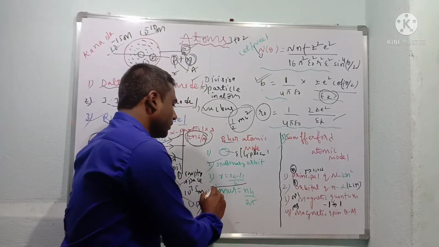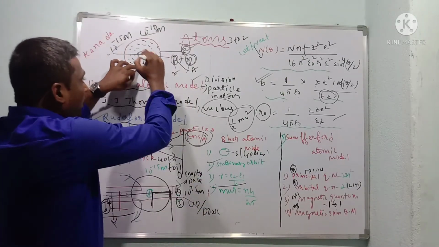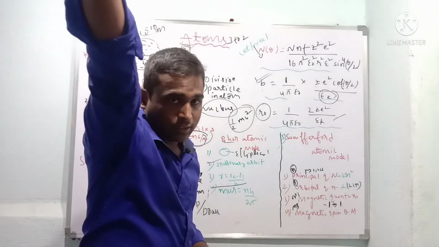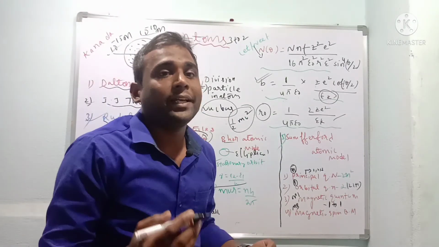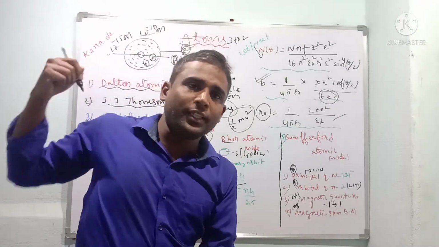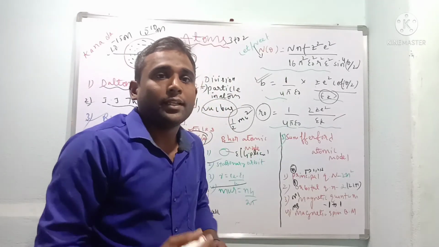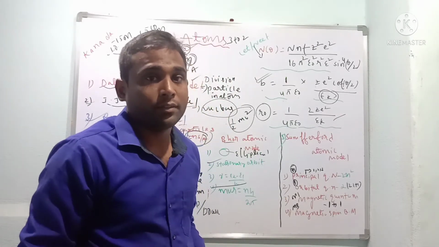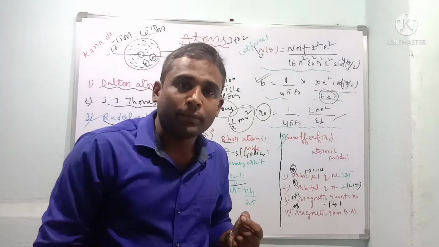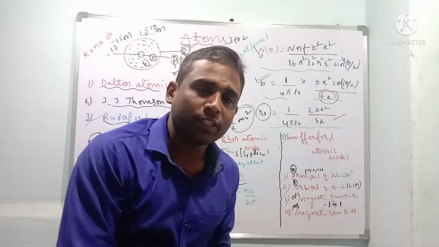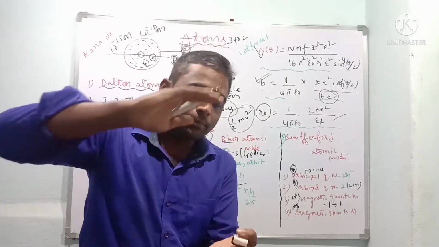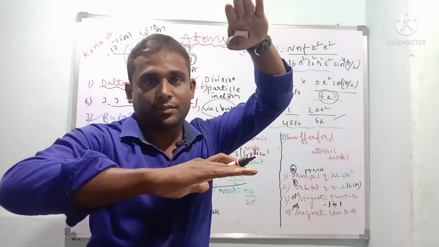Next, when electrons go from a lower orbit to a higher orbit, the transition requires energy to be given, which is called excitation potential. Excitation potential means the minimum energy that should be given for electrons to go from the lower state to the higher state. Okay?